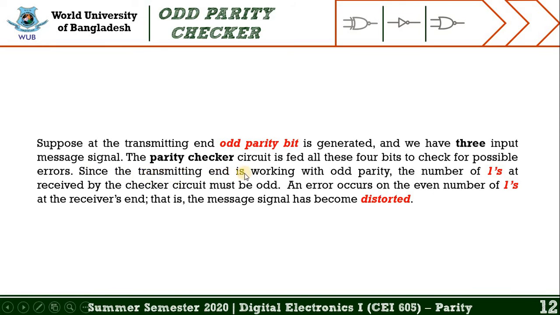Since the transmitting end is working with odd parity, the number of ones received by the checker circuit must be odd. An error occurs when the number of ones at the receiver's end is even, that is, the message signal has become distorted.